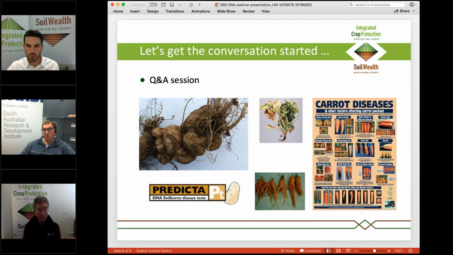With Predictor PT and Predictor B, Mike, it might be good to use some of those as representative of the cost, say, of something in veggies. Yeah, look, both of those services, and it's on the suite of tests that we run for those, are $180 plus GST. That's the price that's set for both Predictor B and Predictor PT.